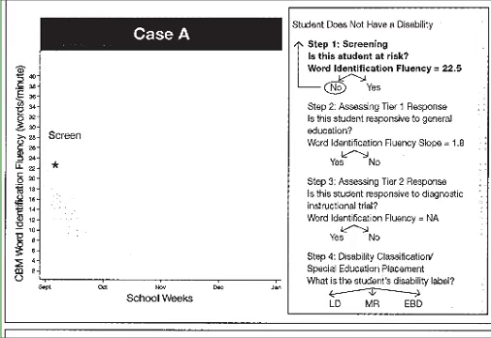So let's say a student is assessed at the beginning of the year and their assessment doesn't show them to be at risk for reading failure. That student remains in the primary prevention level.